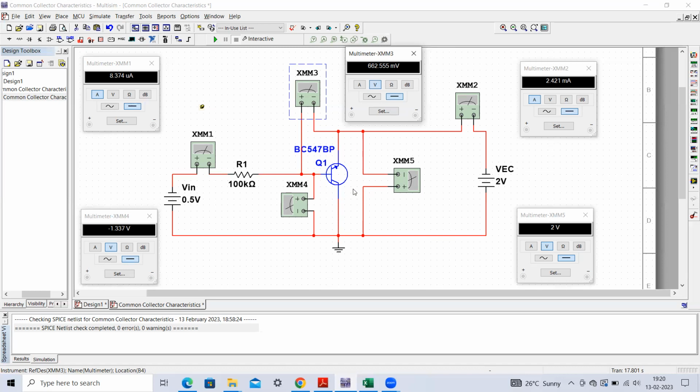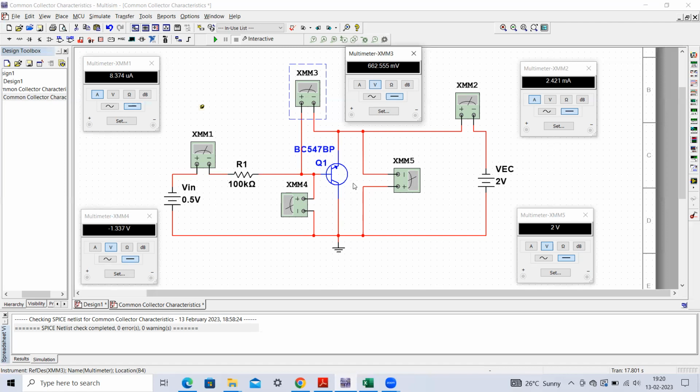Let us suppose that this voltage drop, base to emitter drop, is regarded as positive. This terminal is positive and this is negative. The way I have connected this multimeter, you can see this potential is positive. I'm considering this terminal to be positive and this to be negative. Then again, this particular potential, I'm considering this negative and this positive.